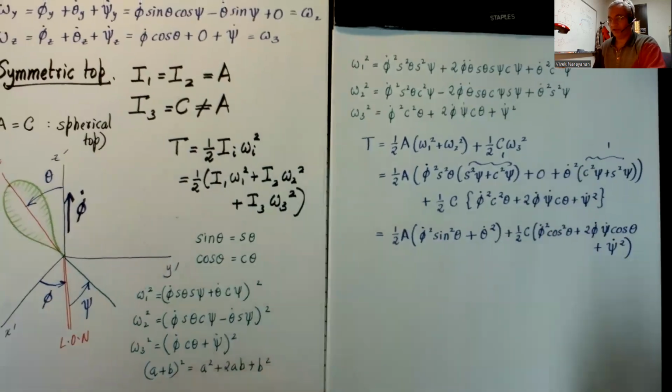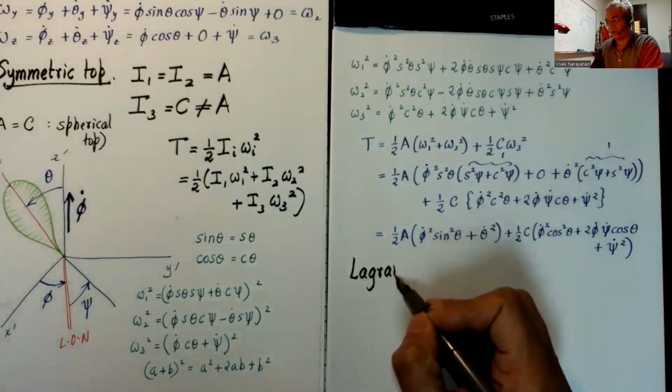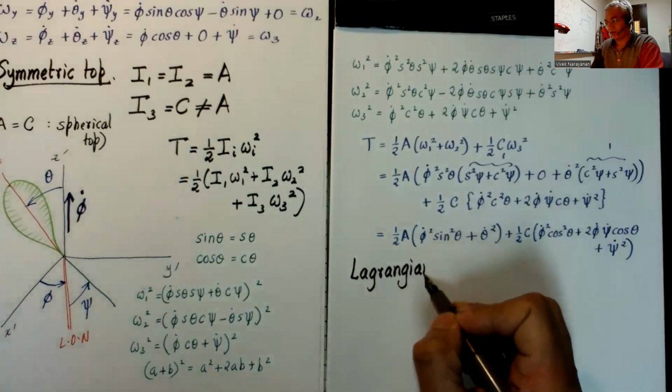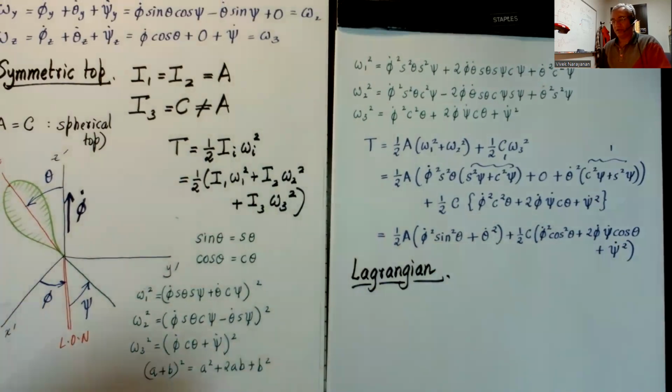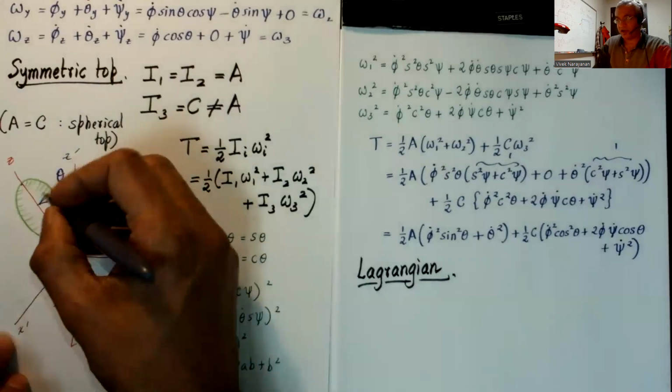All right, now for the moment that we have all been waiting for, and that's the moment of writing the Lagrangian. The Lagrangian for the top can be got by subtracting the potential energy from the kinetic energy.